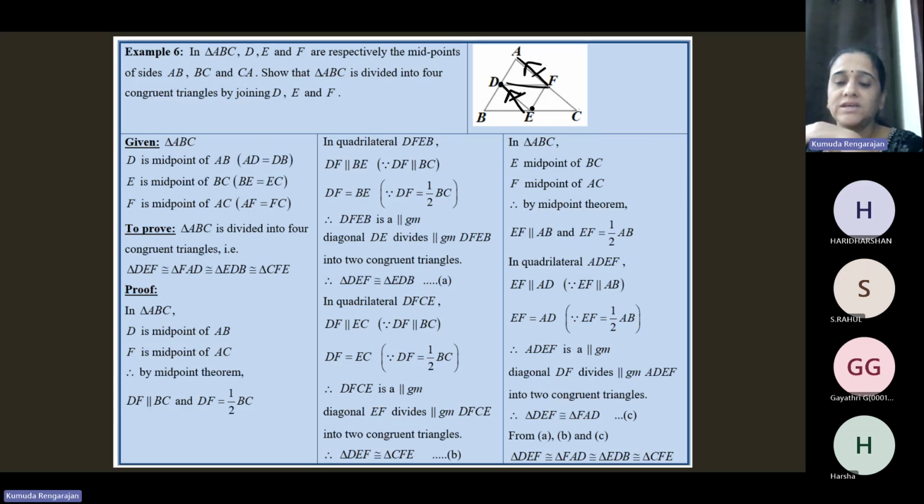Now again, DF is a diagonal and it divides it into two congruent triangles, and hence this triangle is congruent to this triangle. Now comparing all the four, you can also number them 1, 2, 3, 4. Presentation, see, all this is important. Presenting the midpoint theorem correctly and mentioning the points to show that they are parallelograms, all that is very important. So this is about the first one.